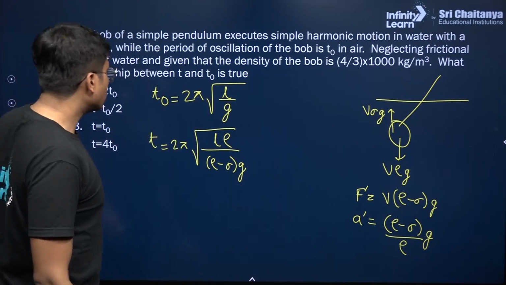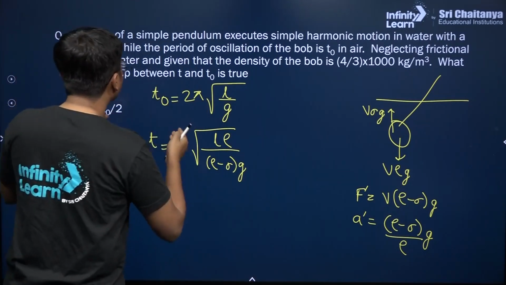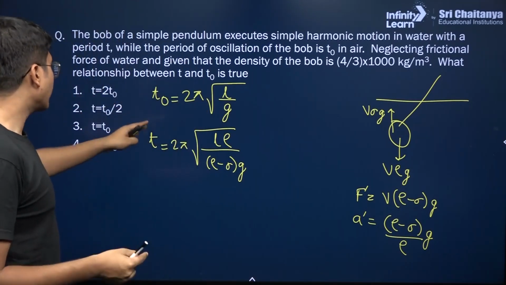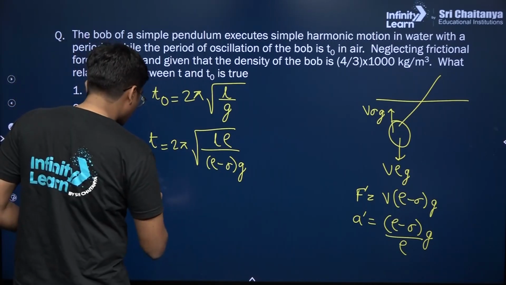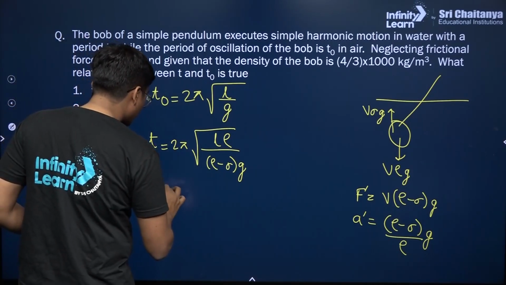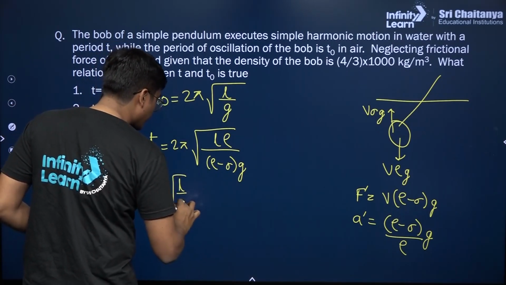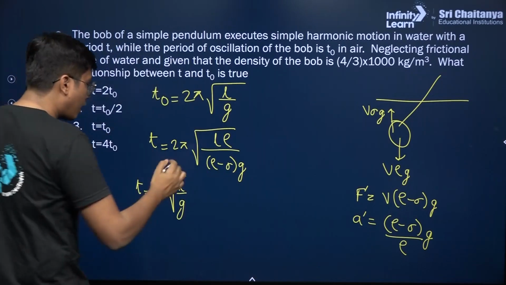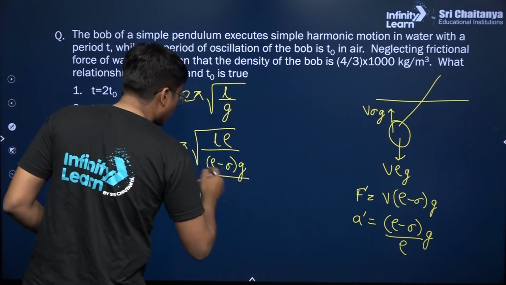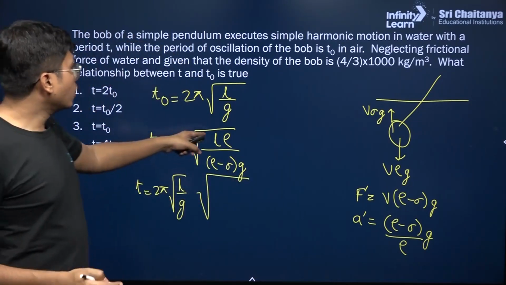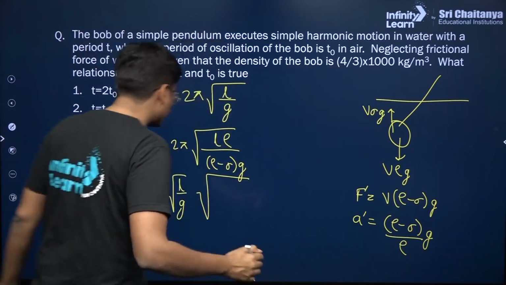Now just put in the values, or if you want the ratio, we can even put in the values over here, because T is now equal to 2 pi into root over L by g. I take that part out common first, and over here we have rho by (rho minus sigma). Rho is 4 by 3 into 1000.